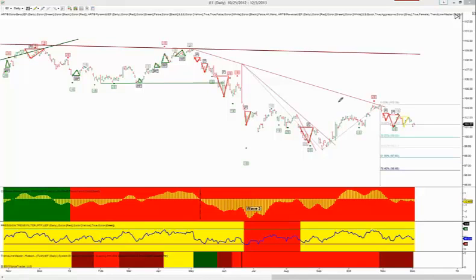So it's just basically saying the momentum was not as severe as it was before, but you can also have trends go on for a little while with average momentum, and then all of a sudden the momentum comes back. So that's why, as this thing sells off again here, over in the right-hand side of the chart, we may see this go back to red. Okay, it's very possible.